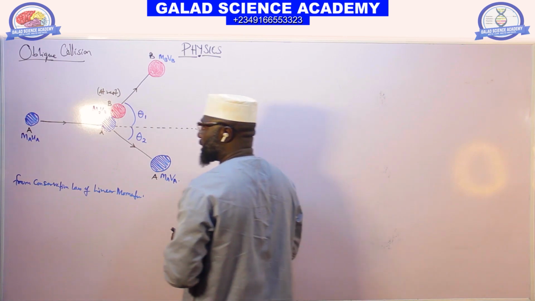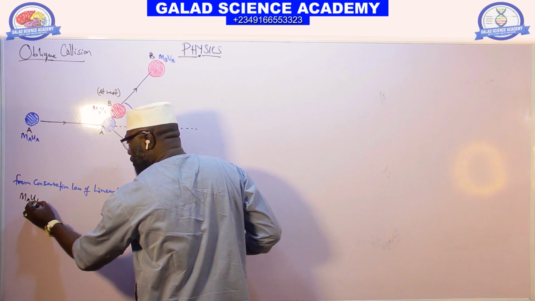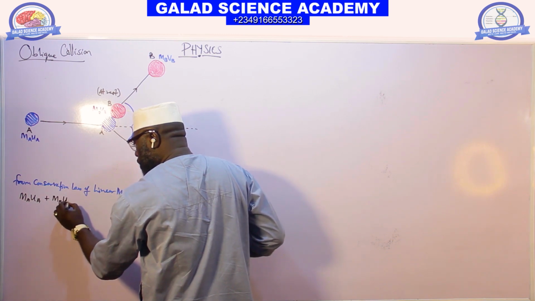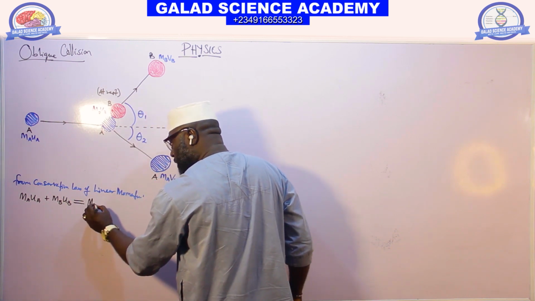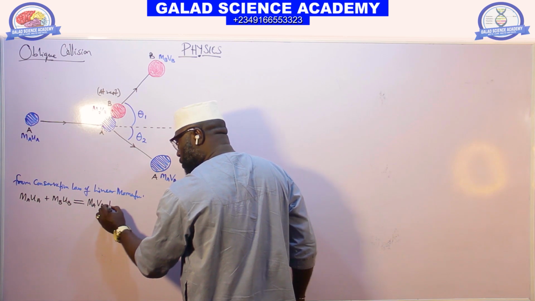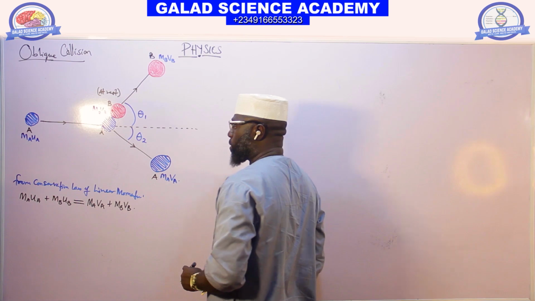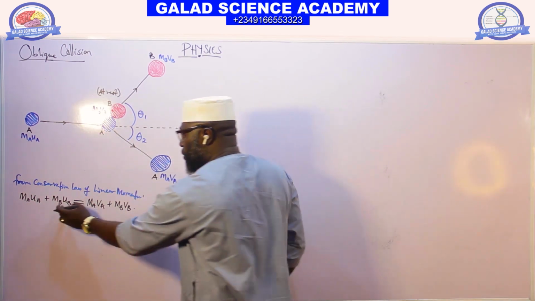We said that the total momentum of a body before collision is equal to the total momentum of the body after collision. But don't forget the body B is at rest, so its term will be 0.